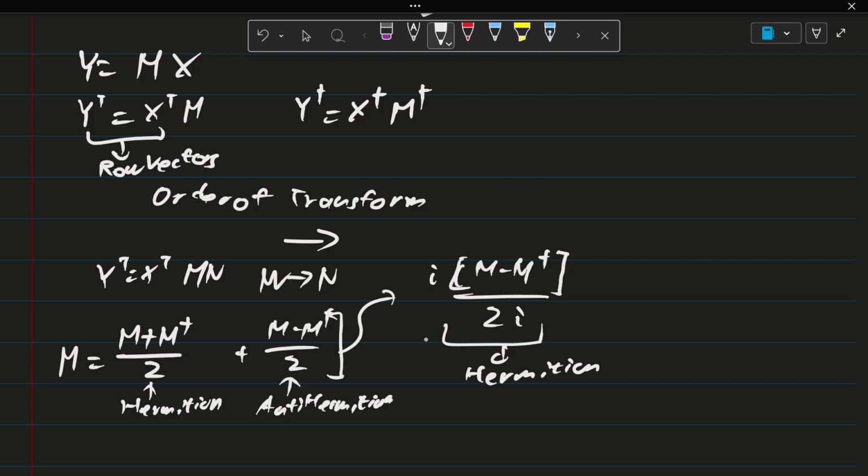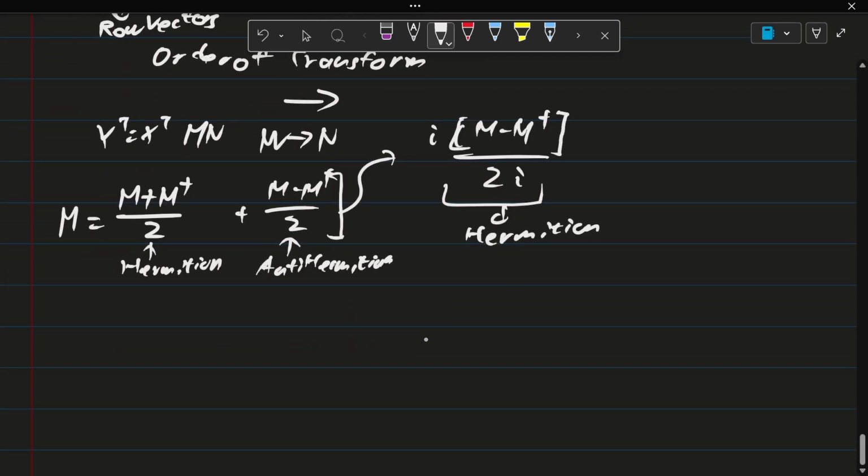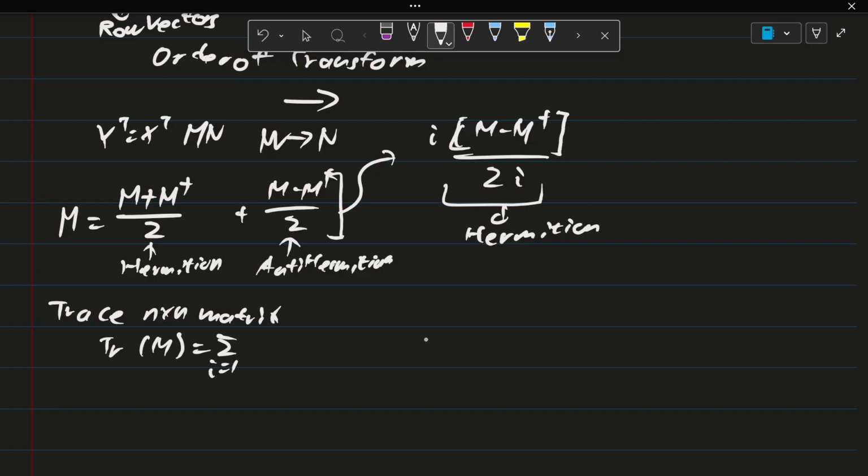Lastly, what I want to describe about matrices is something which you call the trace. The trace of an n by n matrix is defined to be just the sum from i equals 1 until n of m_ii. So you're just summing up all of the values of the diagonal.